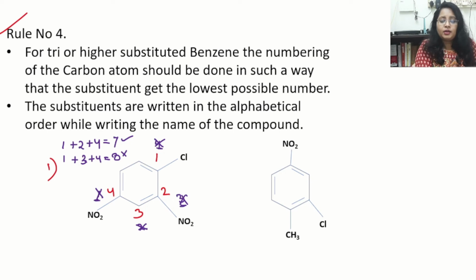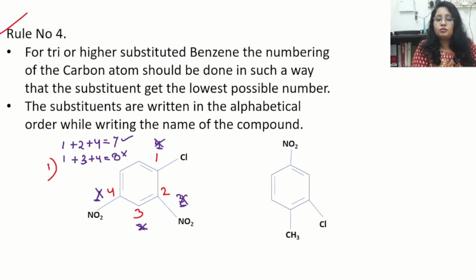And now we are ready to write the name. So we will mention the substituents before the benzene name in the form of prefix, and while writing the substituents, we will use the alphabetical order as we usually do. So chloro, nitro, C is coming first in alphabetical order.